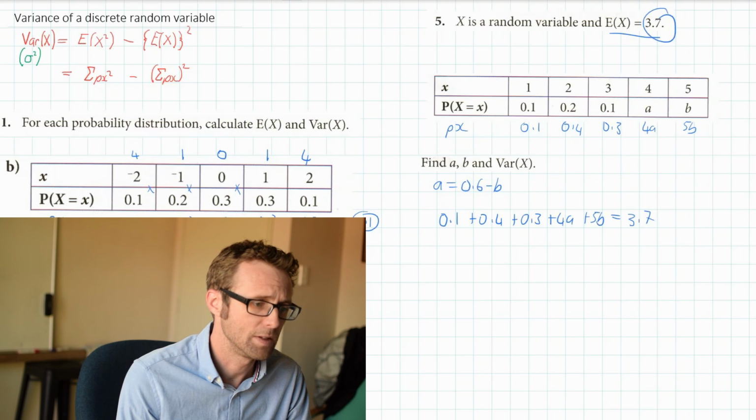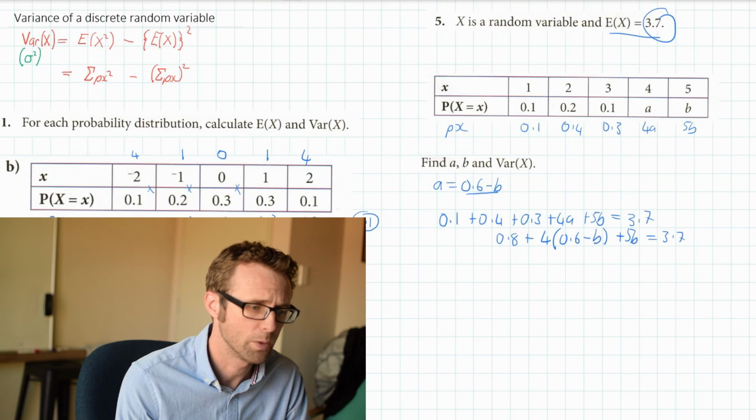So 0.8 plus, now I know what a is here, so I'm going to get rid of the a by inserting it in terms of b. And our next line, we're going to have 0.8 plus 2.4 minus 4b plus 5b is equal to 3.7.